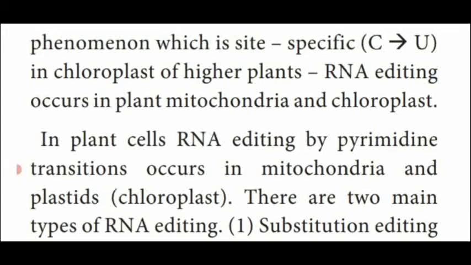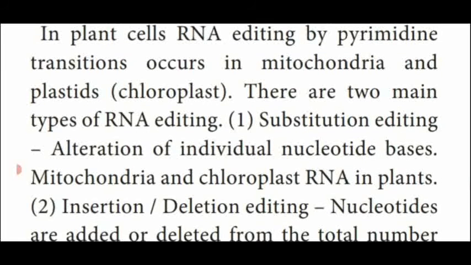That is said to be RNA editing. Not only that, they are making certain changes in the nucleotide sequences, altering the nucleotide sequences. That takes place in mitochondria and chloroplast. In plant cells, the editing of RNA by pyrimidine transition occurs in mitochondria and chloroplast. So in these two, the nucleotide sequence changes occur.